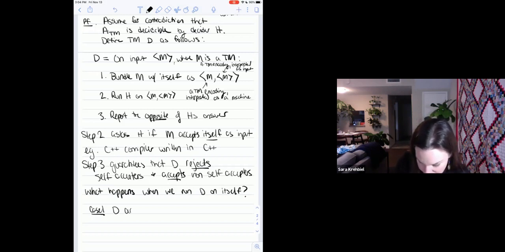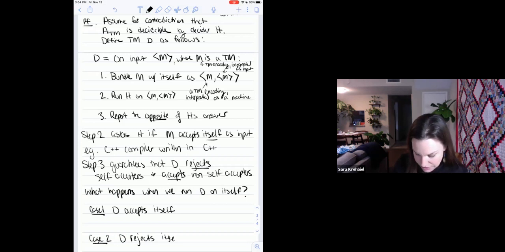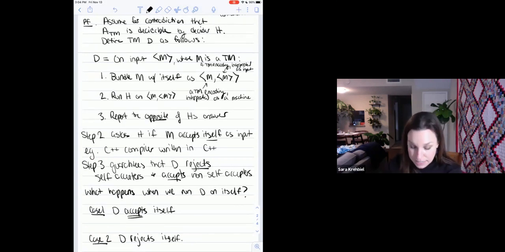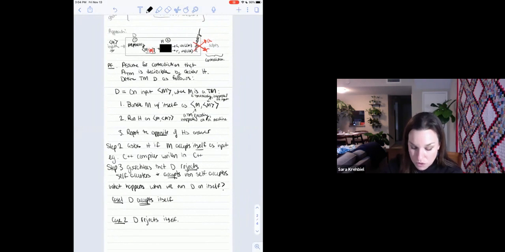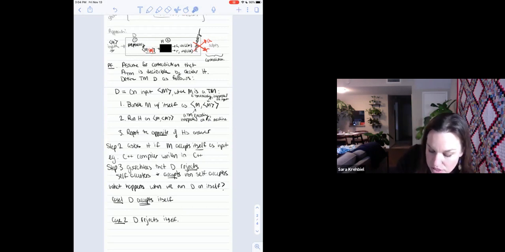Case one is that D accepts itself as input. Case two is that D rejects itself when I pass it in as input. So if, in fact, D accepts itself, then what H is going to do is it's going to decide, when I bundle D with itself, is it the case that D is in the language of D?